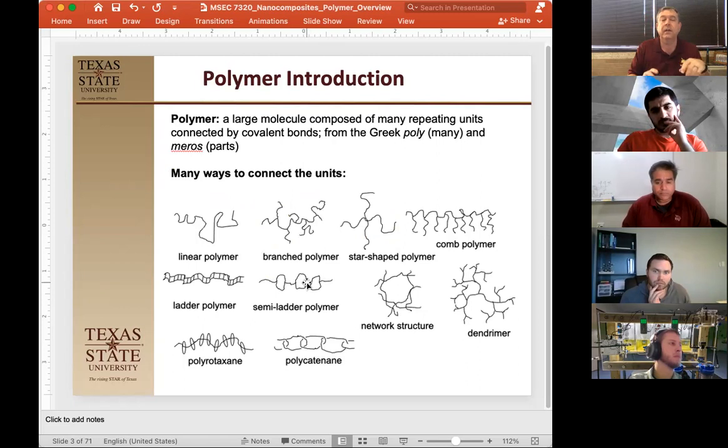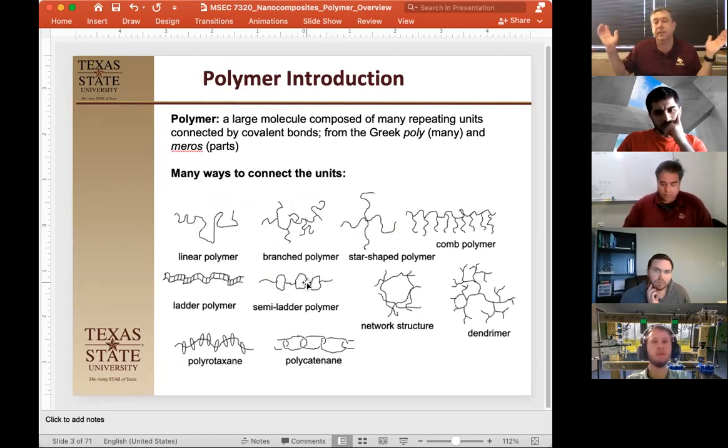Typically, we don't have 14 different types, or 1,000 different ways to arrange the 5 different things that are in our repeat units. So we tend to think of synthetic polymers as simpler and less complex than biological systems. But that doesn't mean they don't have different ways in which they can hook together.